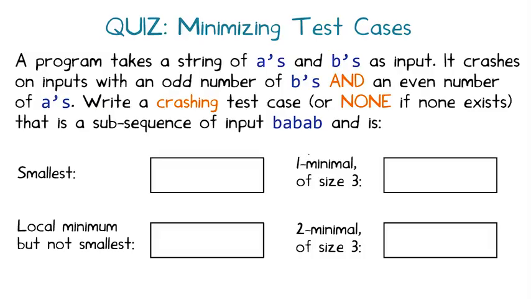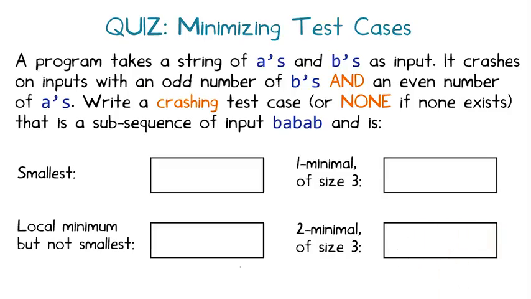Here, I'd like you to enter 4 failure-inducing test cases that are subsequences of the input BABAB that satisfy the following constraints. First, find the global minimum test case, that is, the smallest possible failing subsequence. Second, find a local minimum that is not the global minimum.